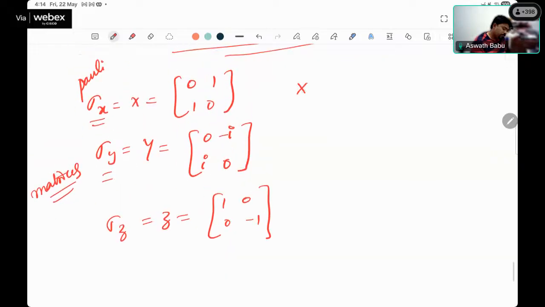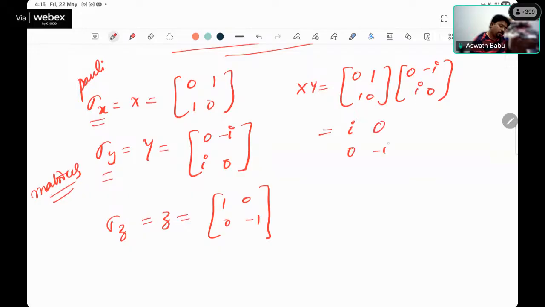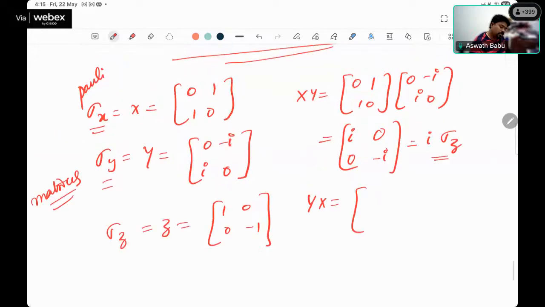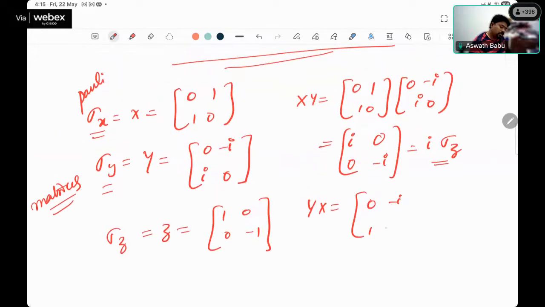Now you just take x, y, you multiply. What do you get? 0 1 1 0 times 0 -i i 0. You just multiply, you'll get i 0 0 -i. What is this quantity? This is i into sigma z. Okay, fine. i into sigma z. What about yx? Yx, which is 0 -i i 0 times 0 1 1 0.